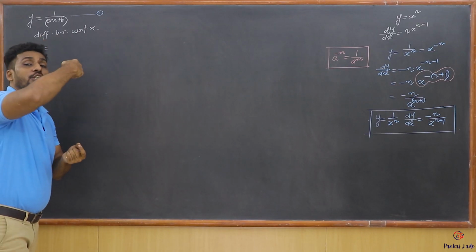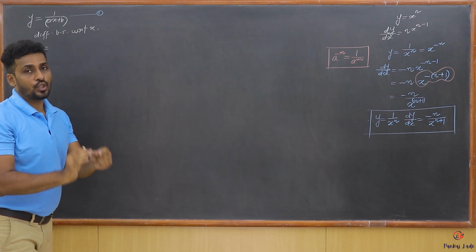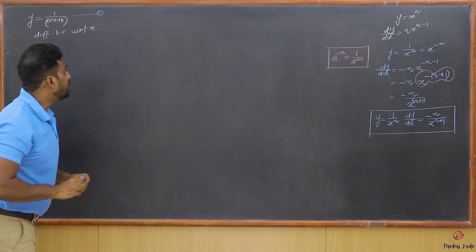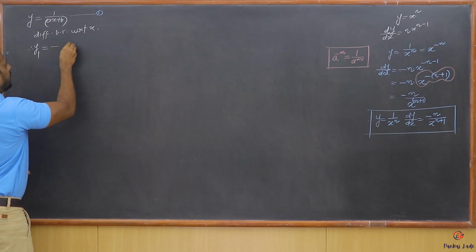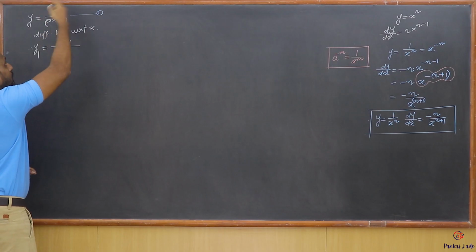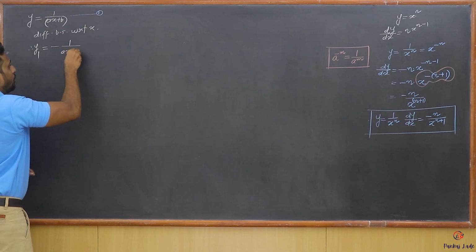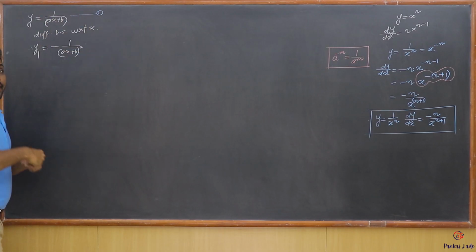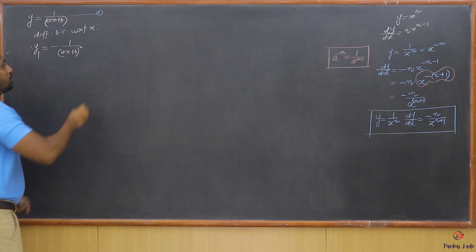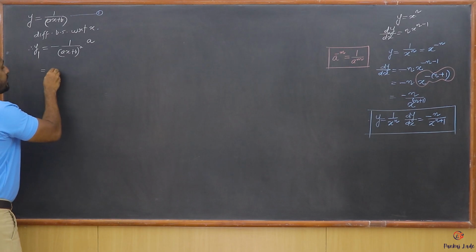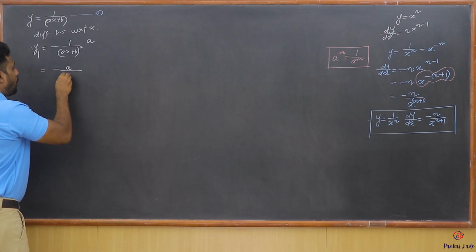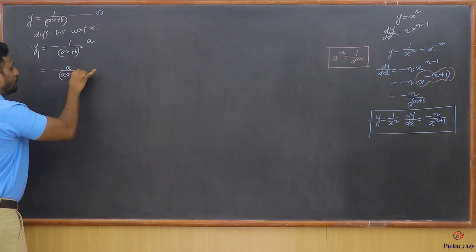So I should be differentiating it again using the concept of chain rule, or we say the composite function. So what is the derivative of 1 upon x? It is minus 1 upon x square. So ax plus b square into the derivative of ax plus b, which is going to be a, isn't it? So actually I've got my derivative as minus a upon ax plus b, the whole square.